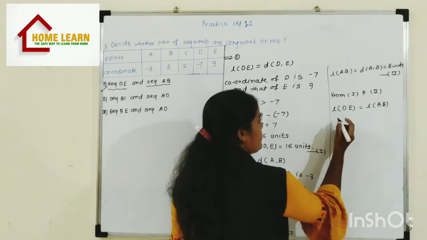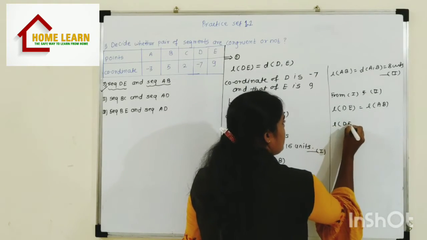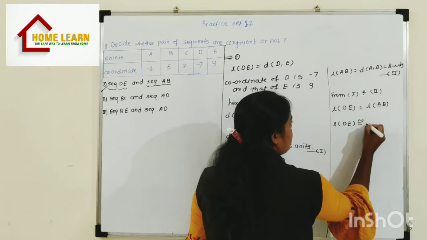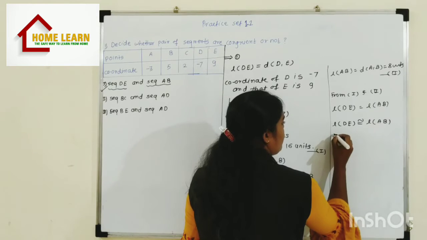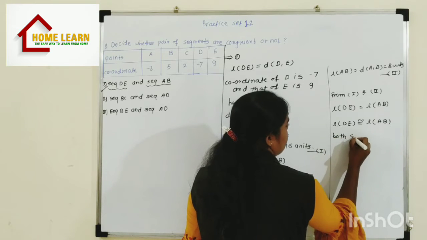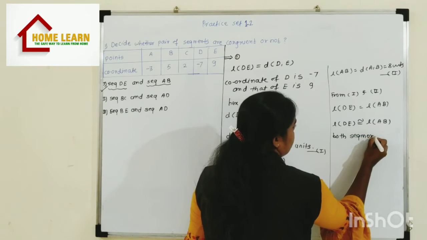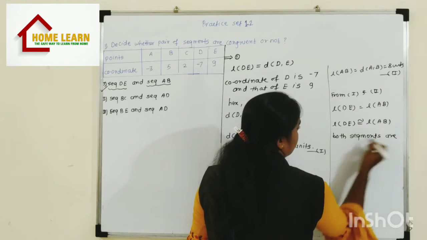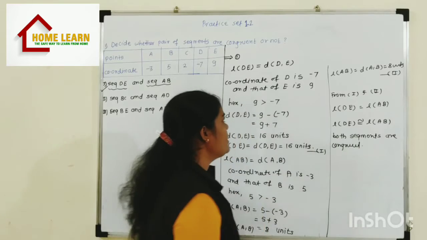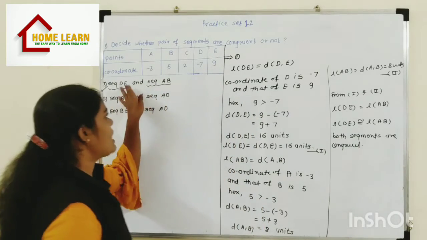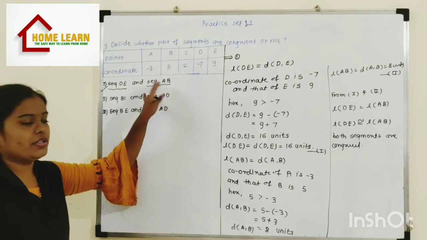So right here segment DE is congruent to segment AB, and we can write here that both segments are congruent. Or simply you can write that segment DE and segment AB are congruent.